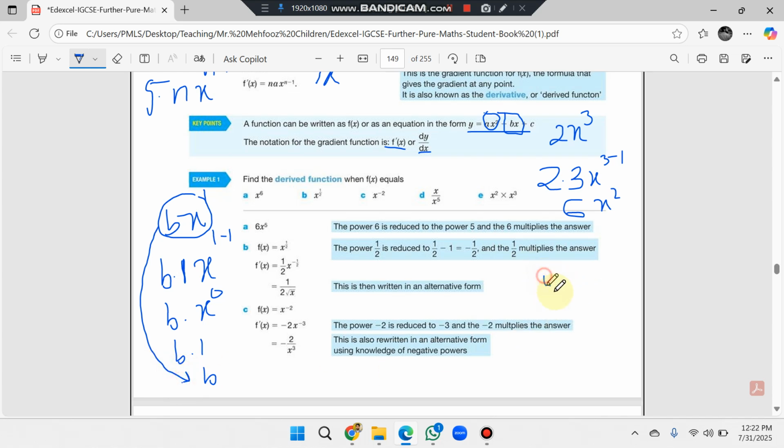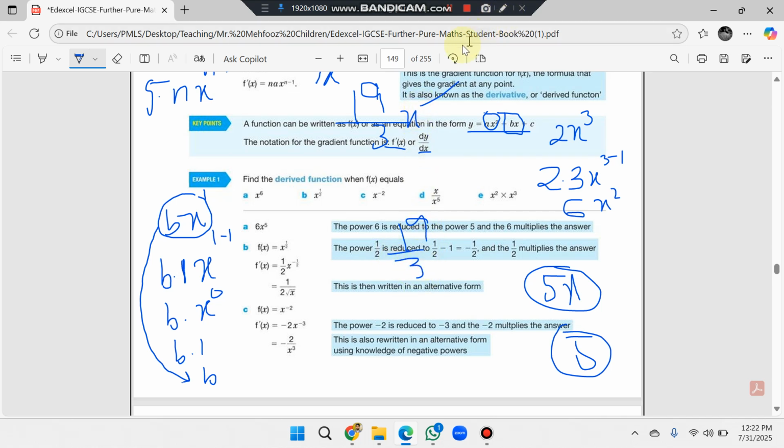Yes. It means that if we have 5x, what is the derivative of 5x? Simply 5. If we have 19 over 3 x, what is the derivative of 19 over 3 x? It will be simply 19 over 3. Understand or not? Yes. x is eliminated. Do you have any problem?